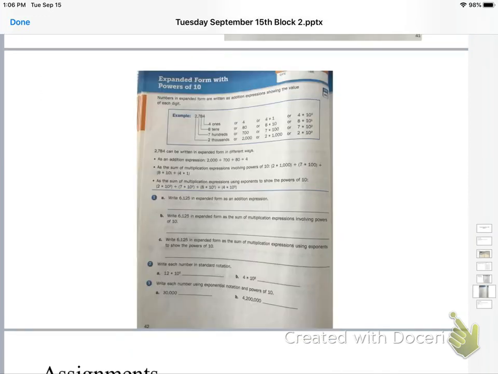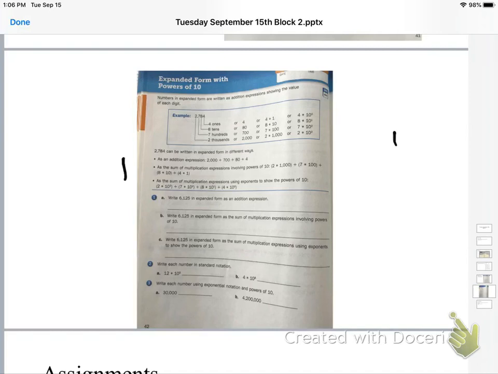All right, let me make this a little bit smaller. Okay, so what we did here is we are taking a look at different ways to do expanded form. And that's exactly what we did in yesterday's lesson, okay?